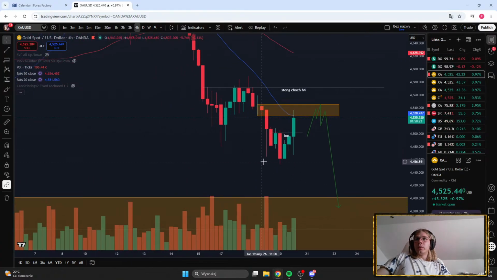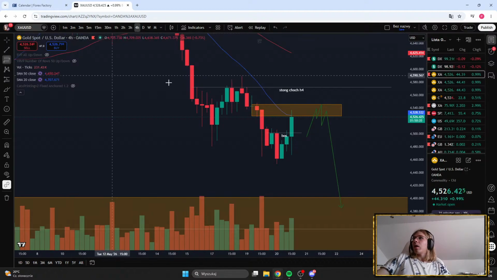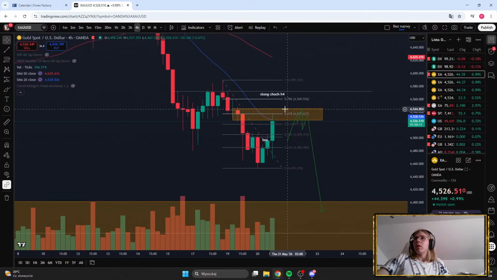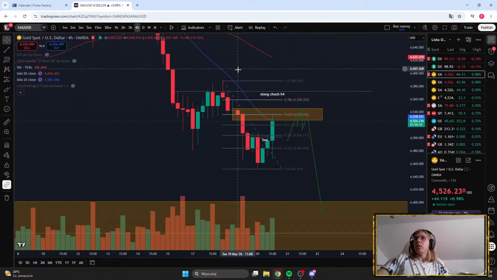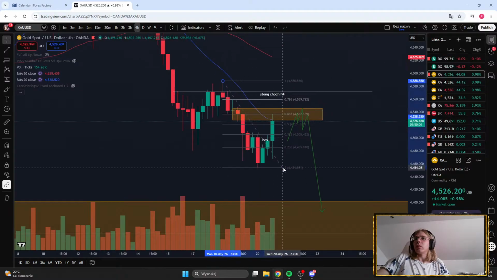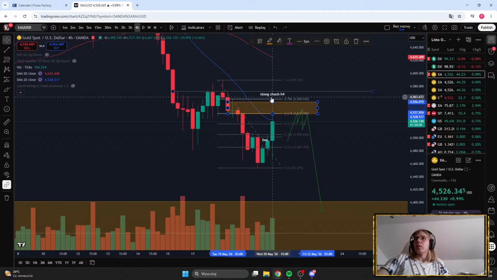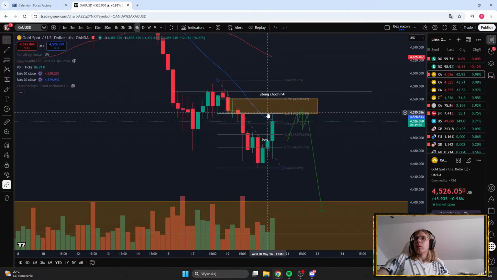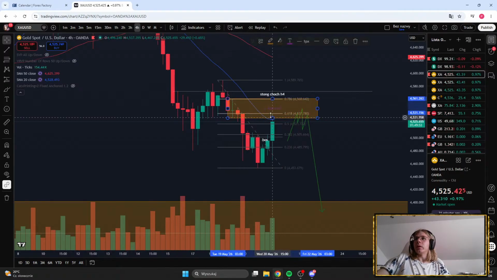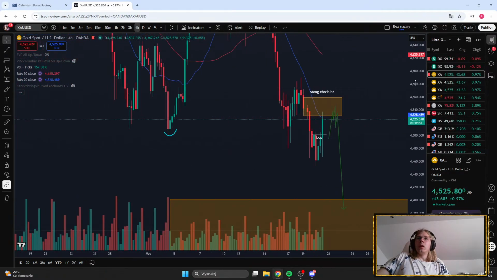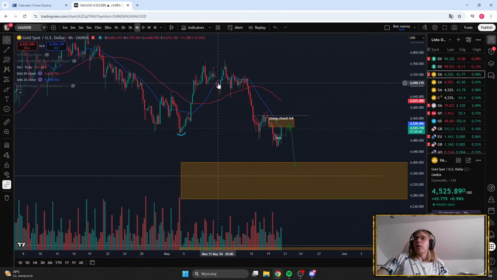Less than 2 hours to close that candle. Fib level is a bit above. We have trap candle here. So let's see. I will be still patient with gold.